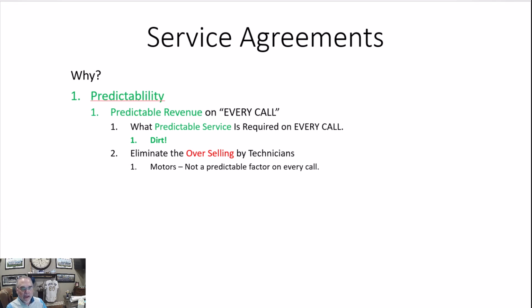So a motor is not a predictable factor on every call. The reason I'm going down this path is that you have to look at every call, and the technicians need to understand what is predictable, what is actually going to happen on every call. Motors are not a predictable factor. Contactors are not a predictable factor for a repair or replacement. A capacitor is not a predictable factor.